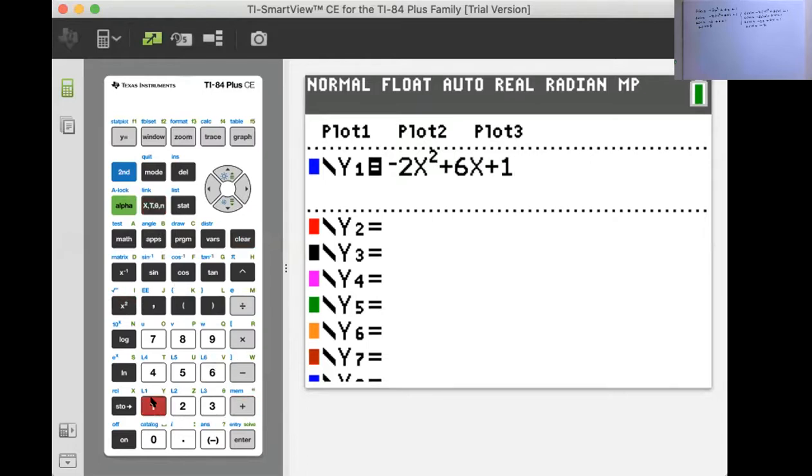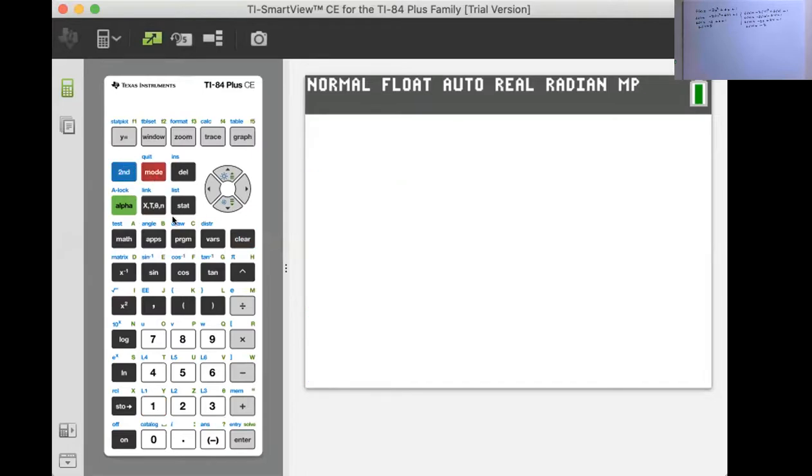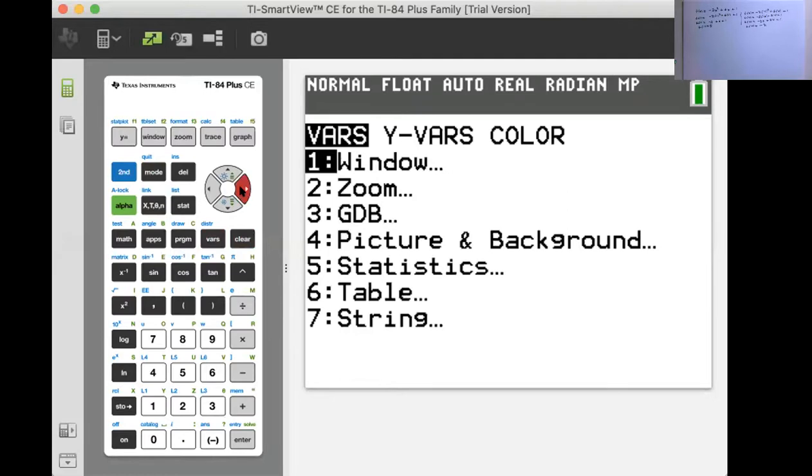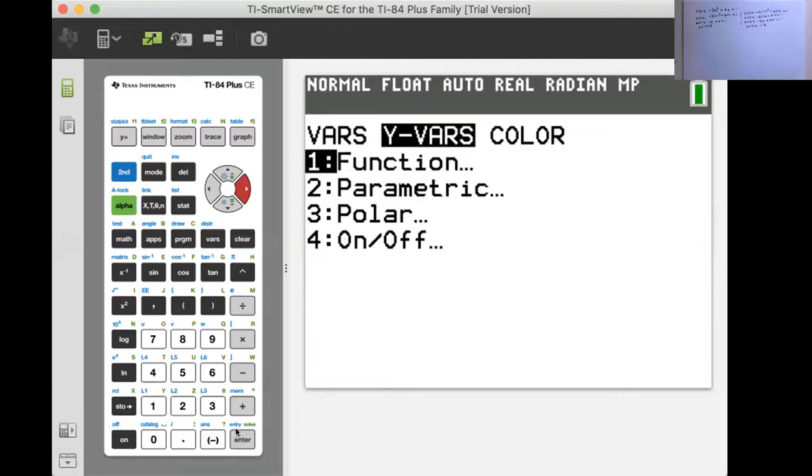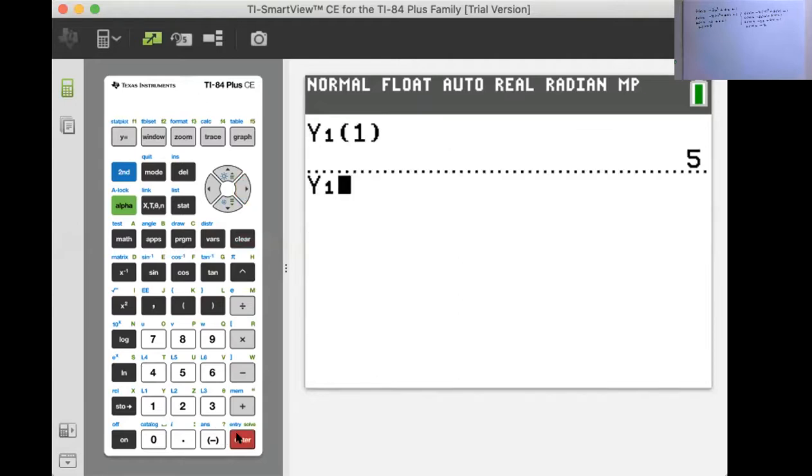And I want to see the value of the function at 1 and at 4. So I could say vars, y vars, function, y1 evaluated at 1. I hope it's 5. And it is. Vars, y vars, function, y1 evaluated at 4. And I hope that's negative 7.